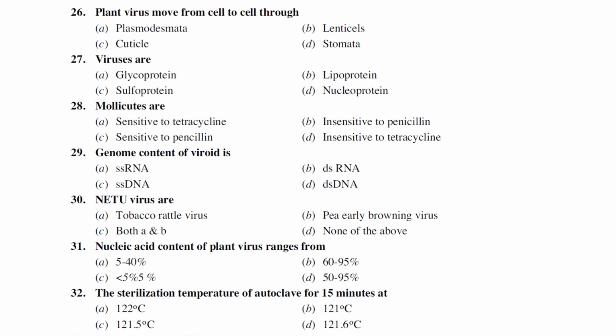Plant virus moves from cell to cell through plasmodesmata, lenticels, cuticles, or stomata. Actually, the plant virus generally moves from cell to cell through plasmodesmata, but the plasmodesmata is smaller than the plant virus, and still the virus manages to move through because the virus can produce a protein called movement protein.